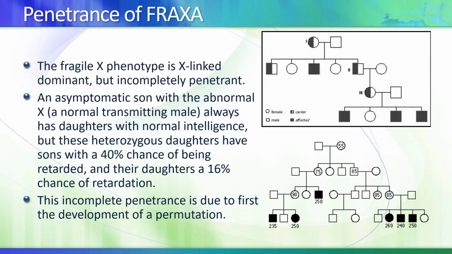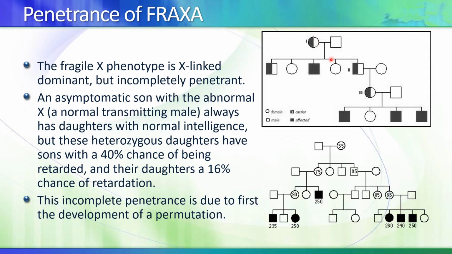Like other diseases as well, penetrance is variable. Remember, penetrance is having a phenotype or not having a phenotype. But here, the penetrance can be low or it can be incomplete as well. So an asymptomatic son, notice here. Here you have a 4th generation. This is a female that is not affected, but she has an increased number of repeats.